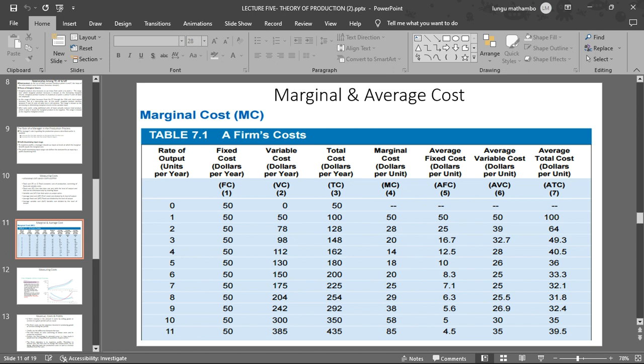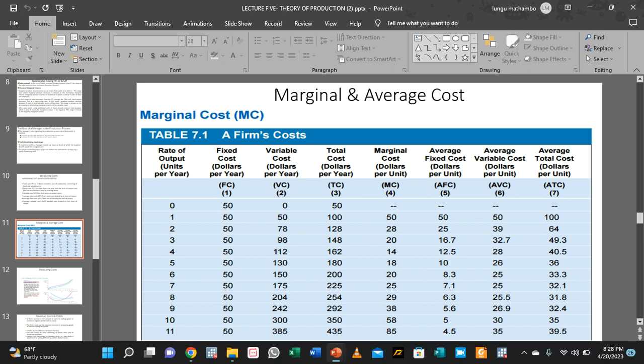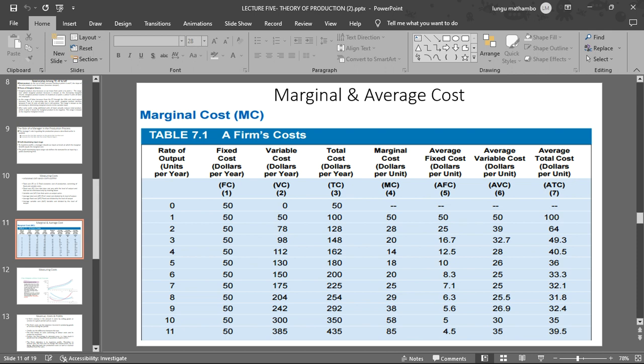When total cost is 50, our marginal is just nothing, because there has been no change. But as the cost is increasing from 50 to 100, the increment is the 50. That becomes the marginal. As the total cost is increasing from 100 to 128, the difference, the 28, is the marginal.